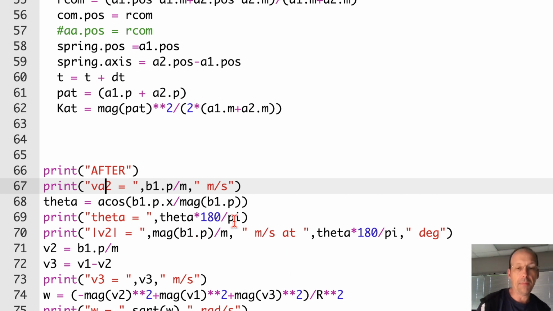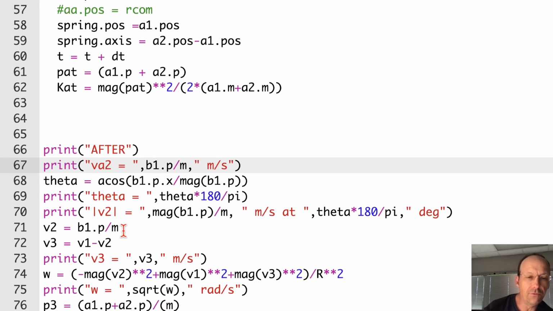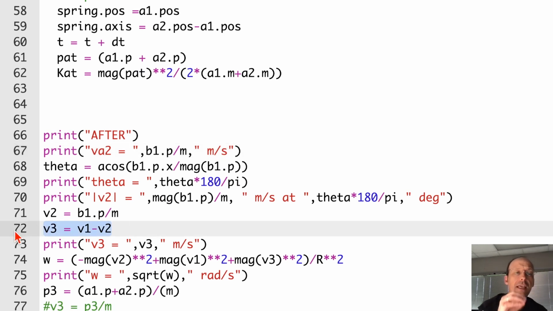Why did I do that? That's the magnitude. I don't really know why I did that. And then here's V2. Well, I did it again. Weird. So right here, remember we calculated the velocity, I'm calling it V3, of the recoil object. I just said it was the V1 minus V2, the mass is canceled. And then I print that right there.